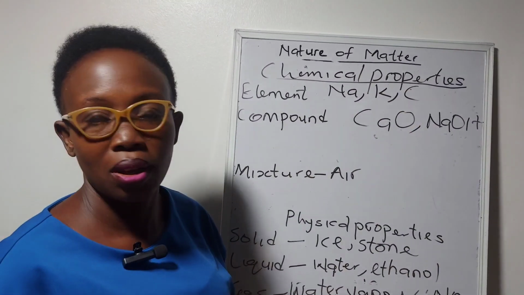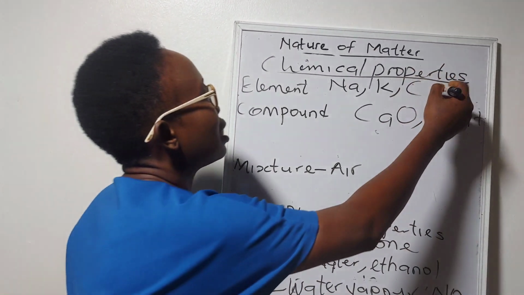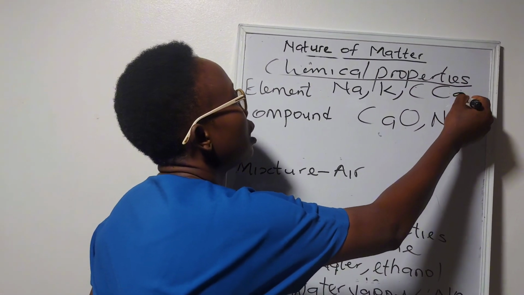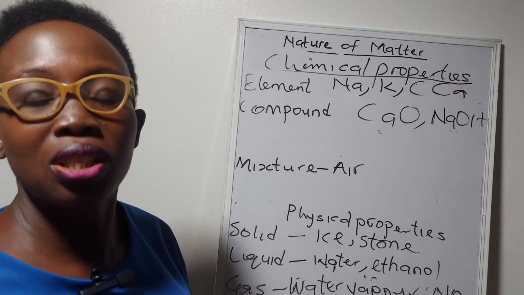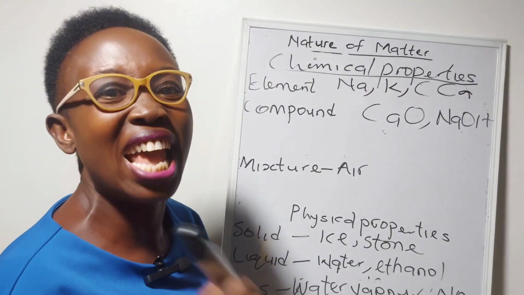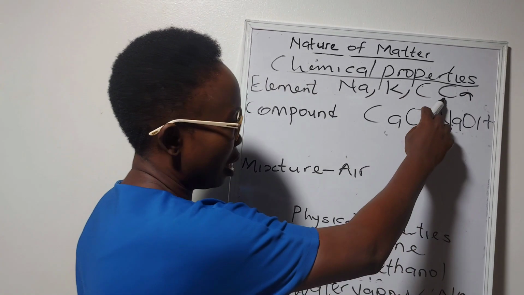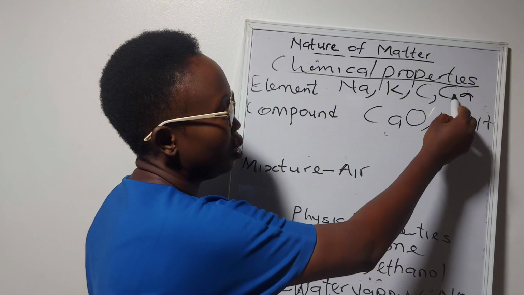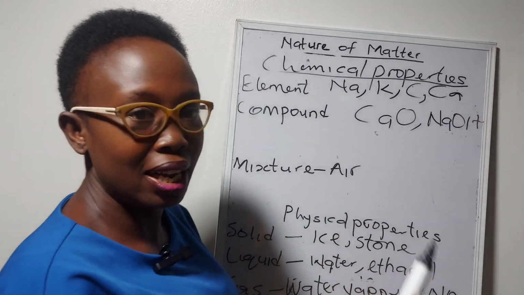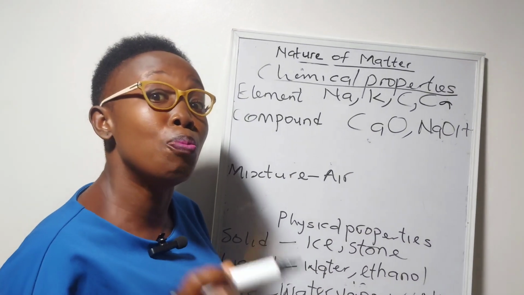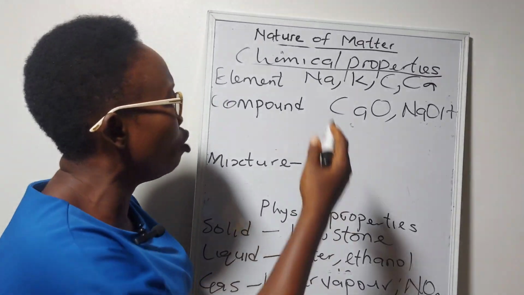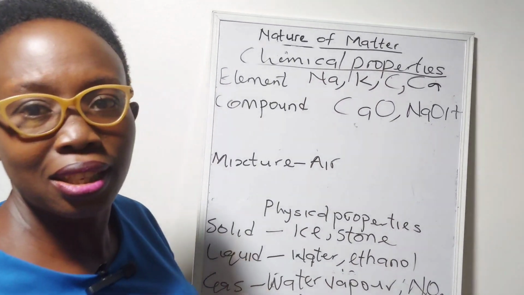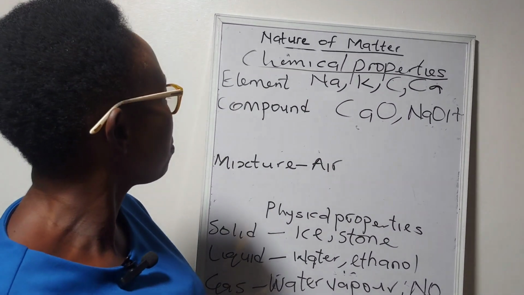While some, we derive them from the first and the second letters. But we start the first letter with a capital letter, like calcium here. We have Ca. The next letter will be in small letter. When you are writing your element, write the symbol correctly.